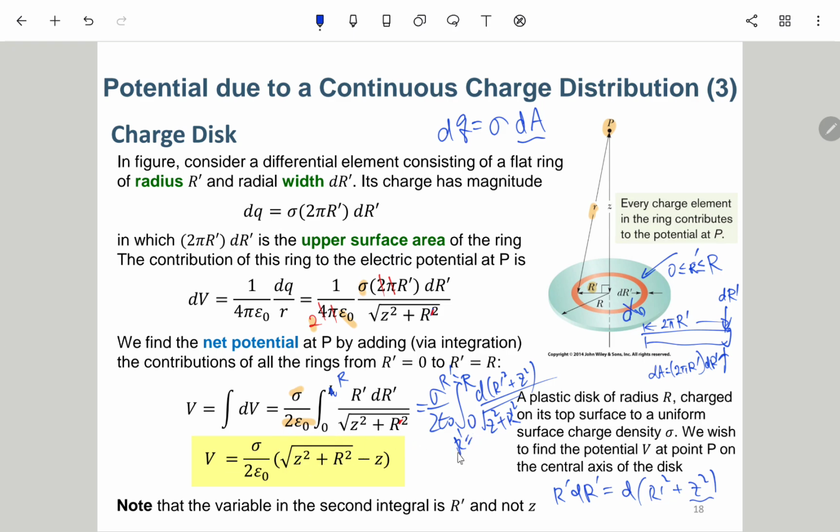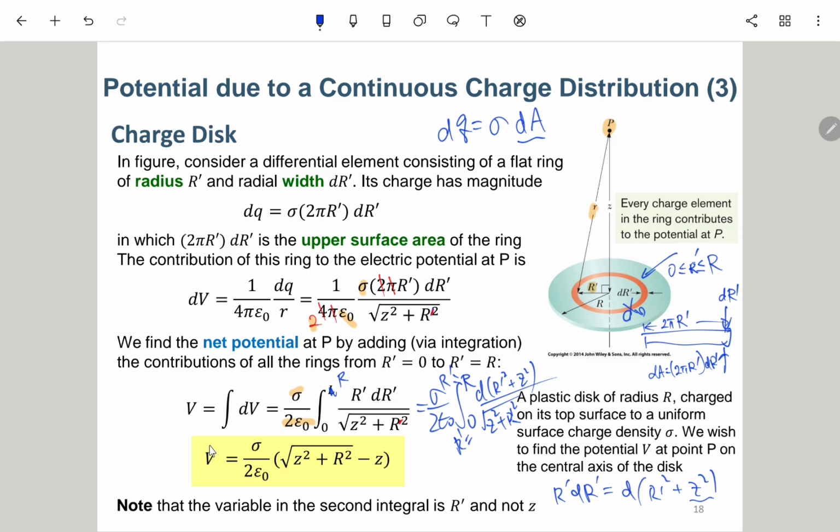And then if you substitute R prime to be 0, it turns out to be the square root of Z squared, which is Z itself. So the integration of this thing turns out to be the two terms in the parenthesis, and then this constant just goes to here.